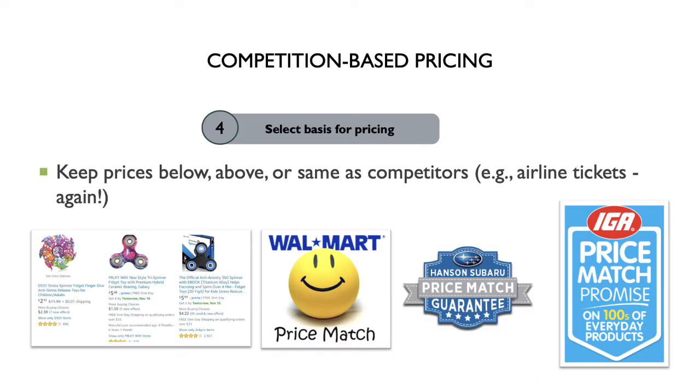Now, competition-based pricing is keeping the prices below, above, or at the same as competitors. So your airlines will do this as well to a certain extent if they don't have the value for the consumer. But when I mentioned the pricing strategies that particular organizations will use, sometimes you will see that Walmart, for example, will want to be the lowest price provider.